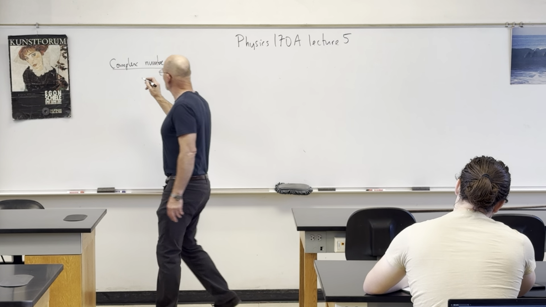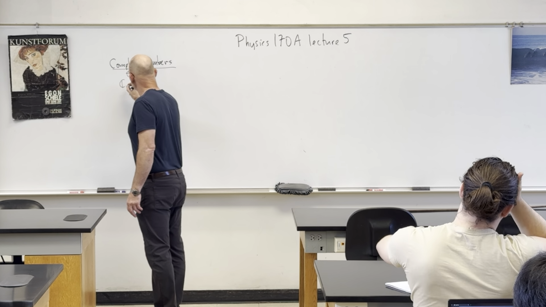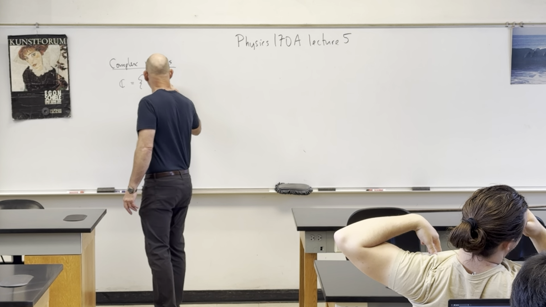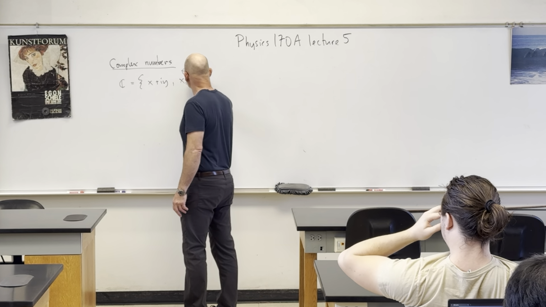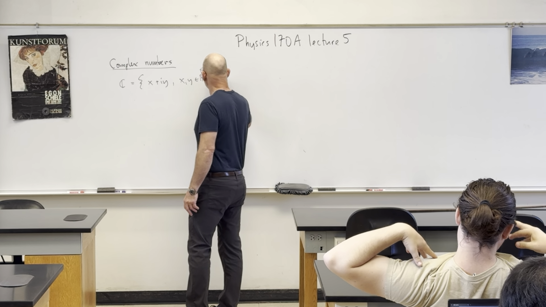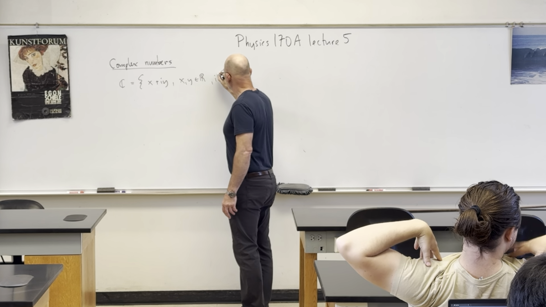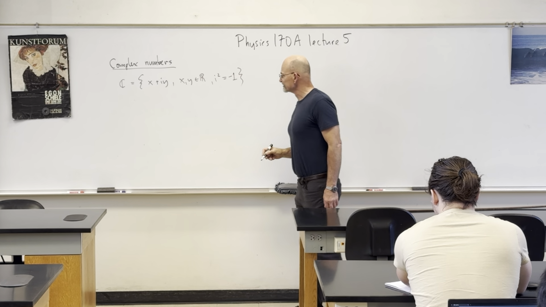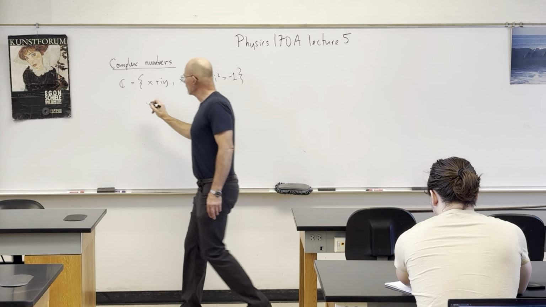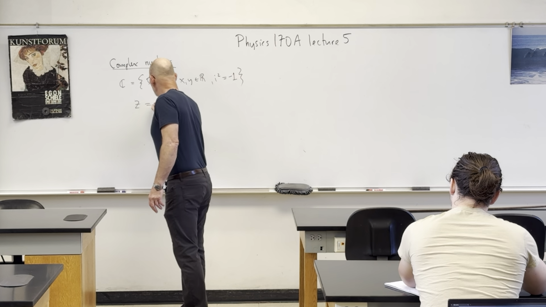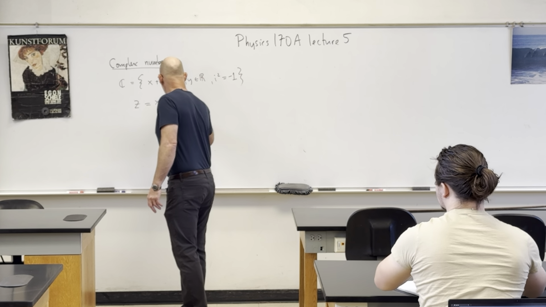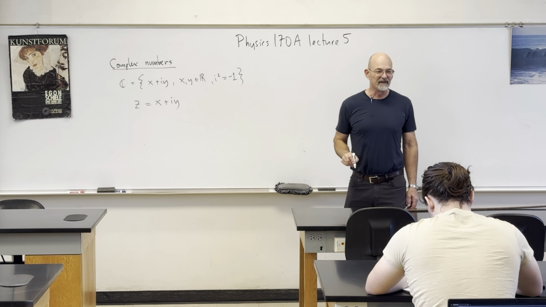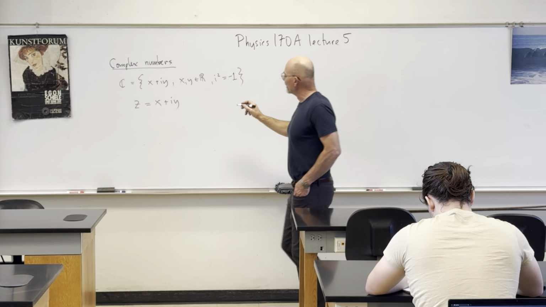So once again, we have the set of x plus iy, where x and y are real, and we've got this i squared equals -1 property. So we take z equals x plus iy, and we discover that we have all the algebraic properties we need just to do math with them.